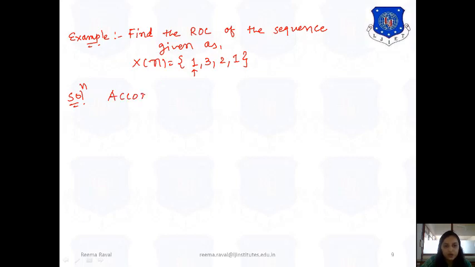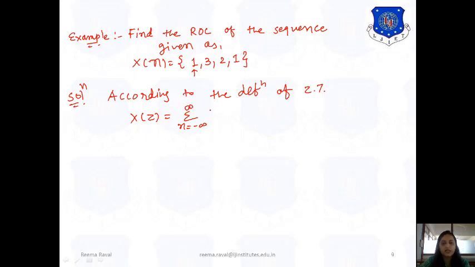According to the definition of Z transform, X of z equals the summation of n from minus infinity to infinity of x of n times z to the power minus n. Over here the range is n equals 0 to 3.